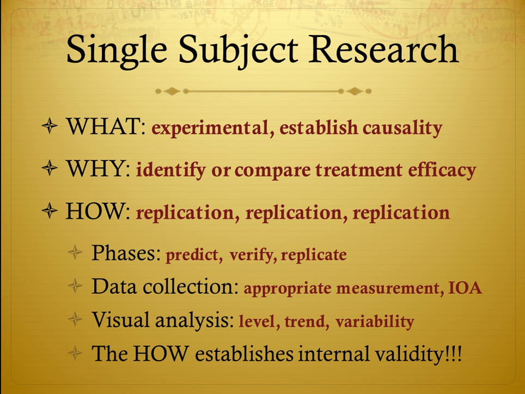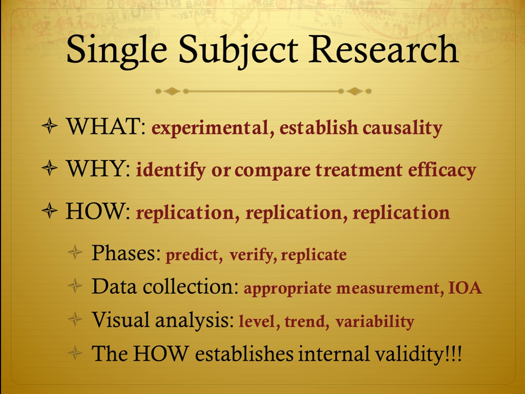And how is it done? Again, we'll look at this more in class, but what you need to remember is replication, replication, replication. Phases, you have baseline phases and intervention phases. Predict, verify, replicate. Those are the three key terms of baseline logic.